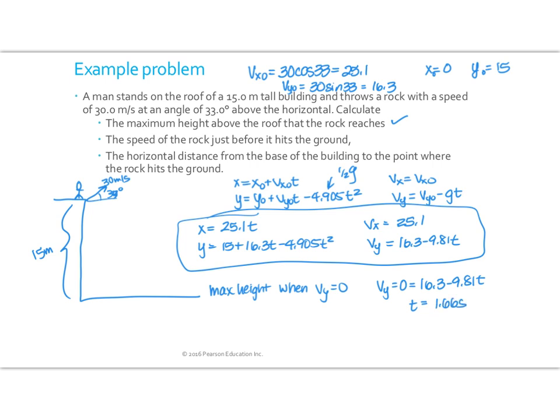So setting Vy equal to 0, I find that it makes its maximum height when t is 1.66. So I'm going to use that in my y equation to figure out what the final y is.